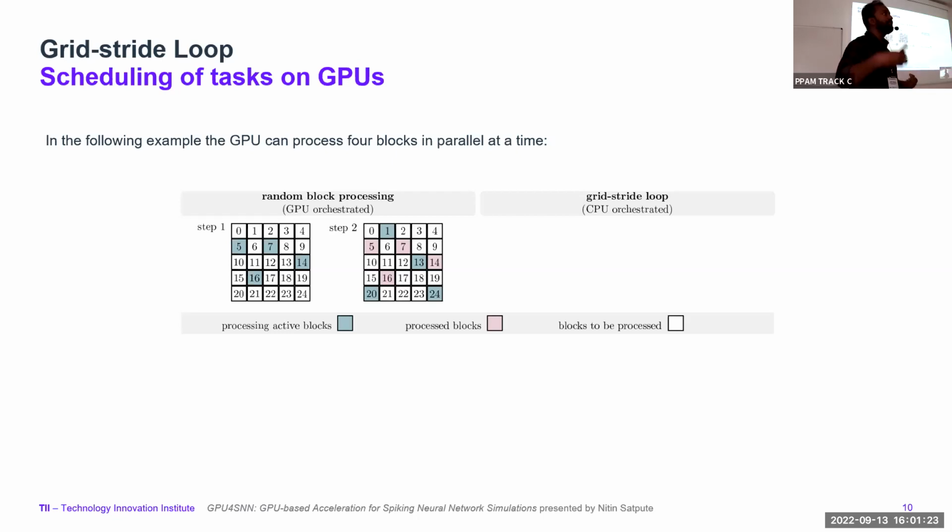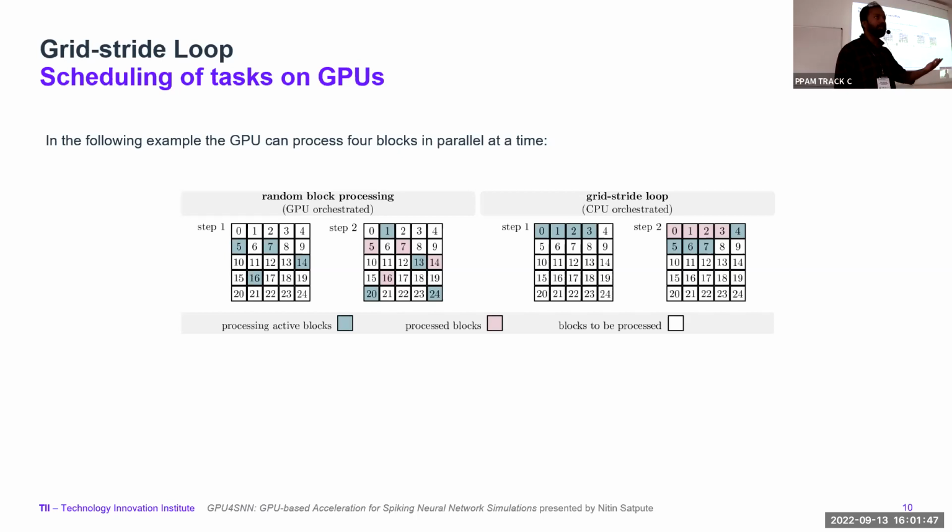Behind the scenes, there is a GPU scheduler which is managing all these details. The constraint here is that the GPU scheduler takes some time to schedule and allocate the blocks for the computational events. Whereas in the grid stride loop, we just identify the number of parallel units available and how many tasks are required.